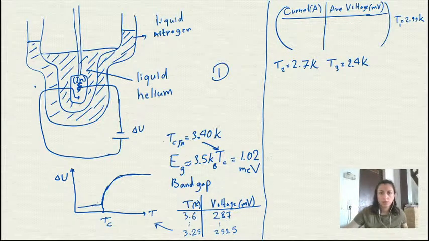And we have the fourth as 2.1 Kelvin. We measured it several times because it was not always accurate.